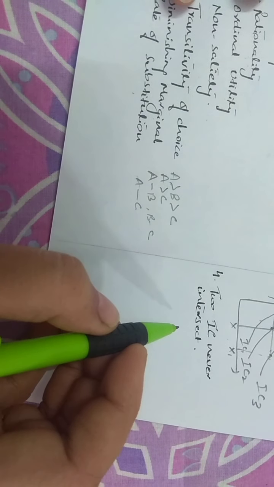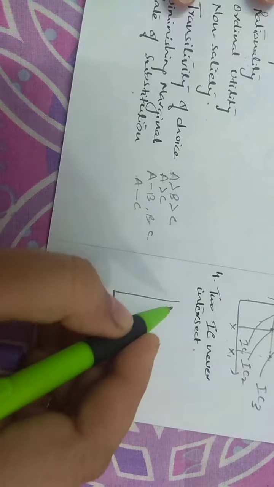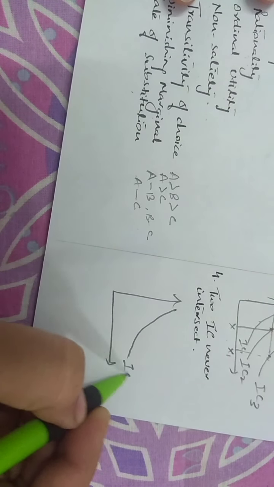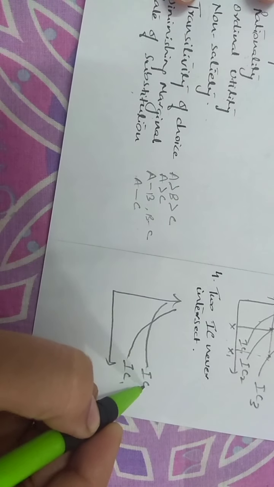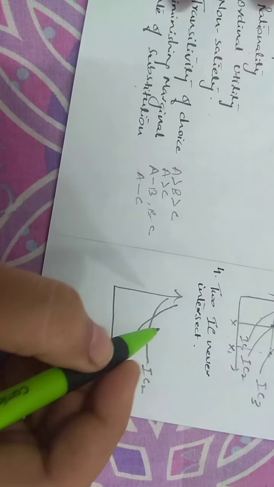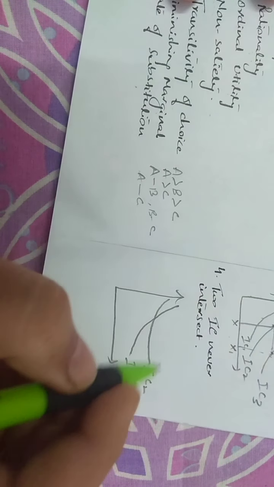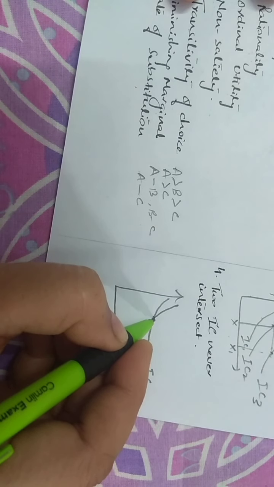Then two IC curves never intersect. Indifference curves never intersect. Say this is IC1. Now, we know that two indifference curves show different levels of satisfaction. And at this point of intersection, what is it showing?